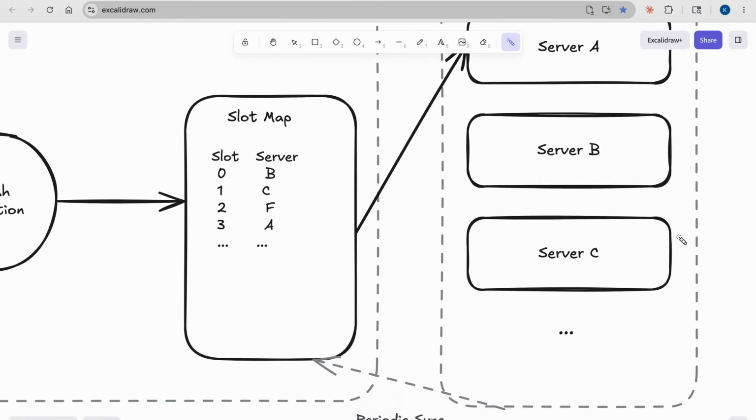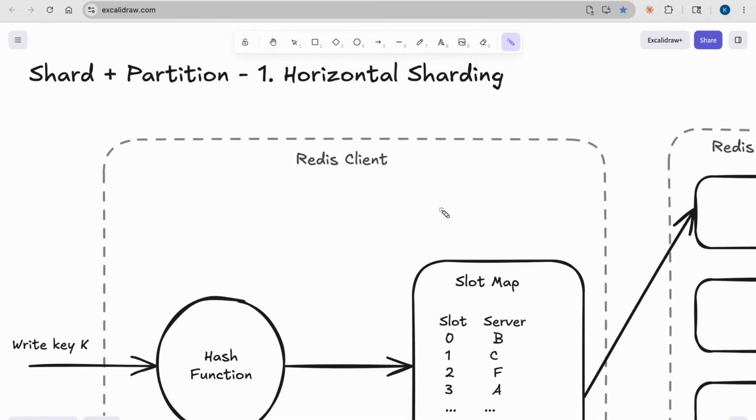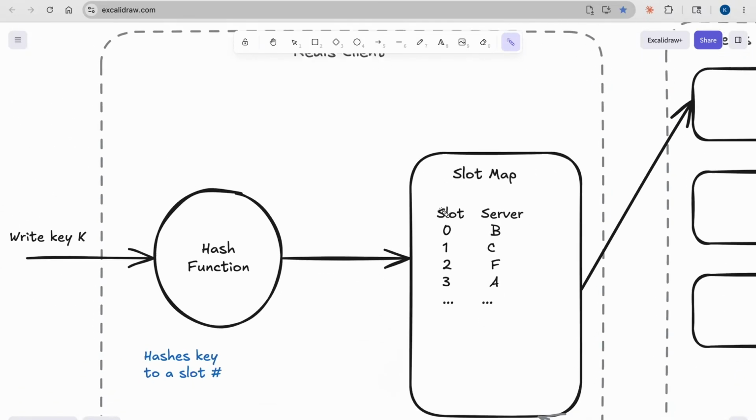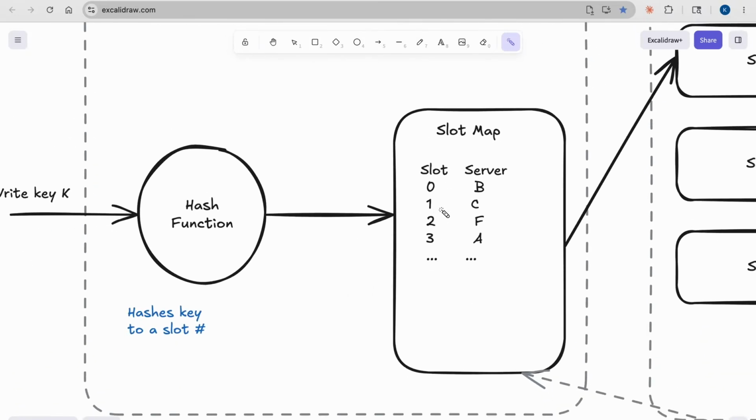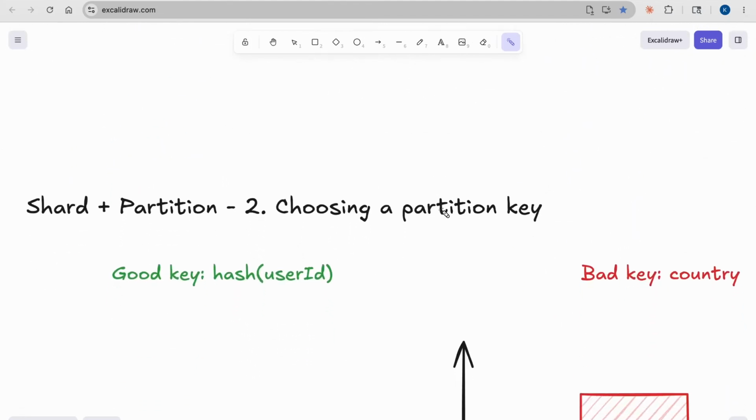That way each server can handle its own load, and we are not hitting the same server. Now the one thing we need to carefully decide is how we choose a good partitioning key. That is what we should focus on whenever we think of sharding.